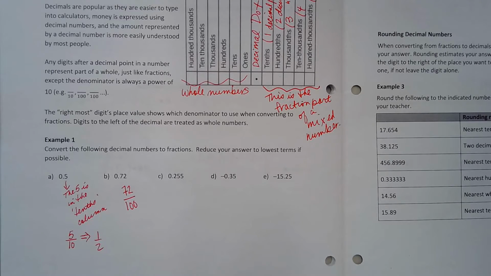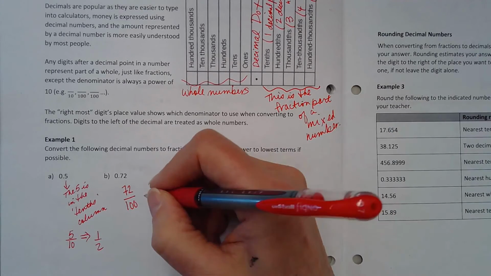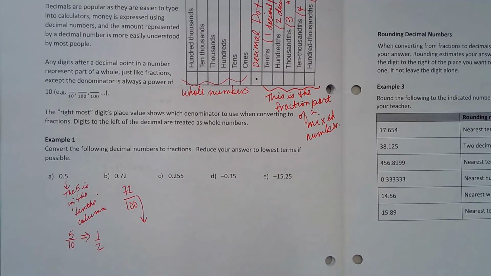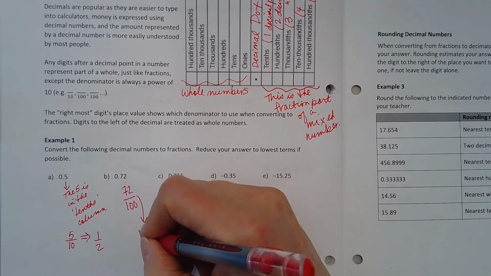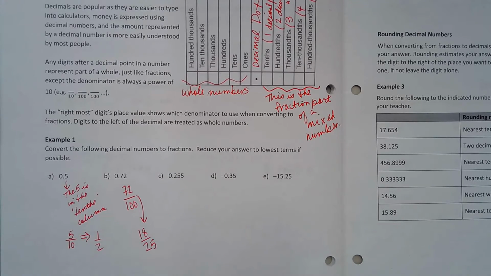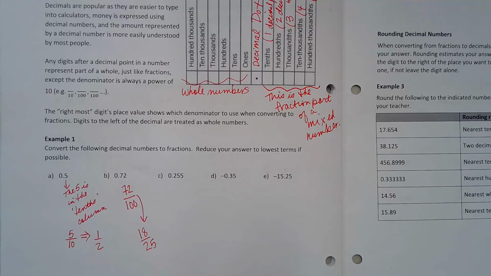All right, what's the lowest equivalent fraction then for 72 out of 100? 18 out of 25. I think I agree with Devin. Can we go lower than 18 out of 25? I don't think so, because 18 and 25 have nothing else in common, right? All right, well, let's see if Devin and I are right.